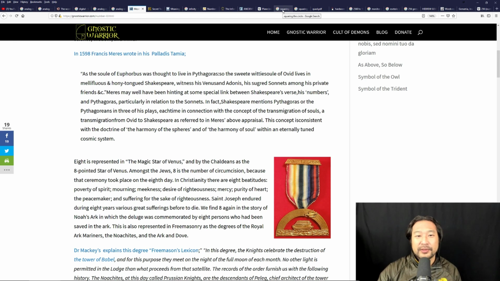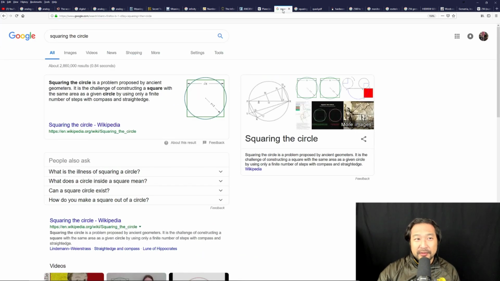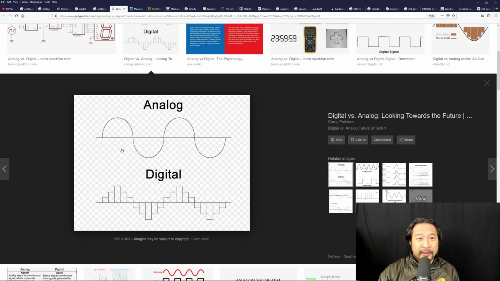Now, another thing that we'll talk about later is this digital technology. It's about squaring the circle, because again, we're looking at the analog versus digital, right? And what are we doing when we convert analog to digital? I mean, you have digital to analog converters, and same thing, analog to digital. It has to be interpreted.